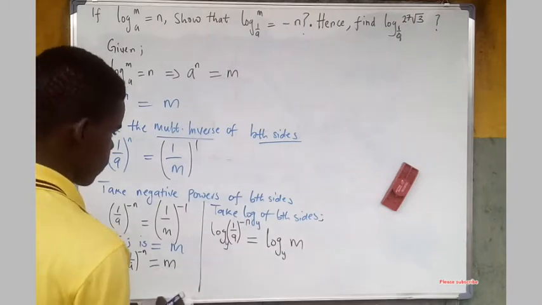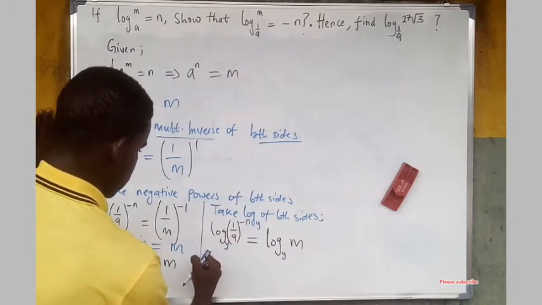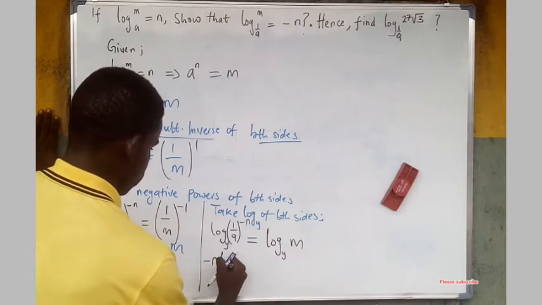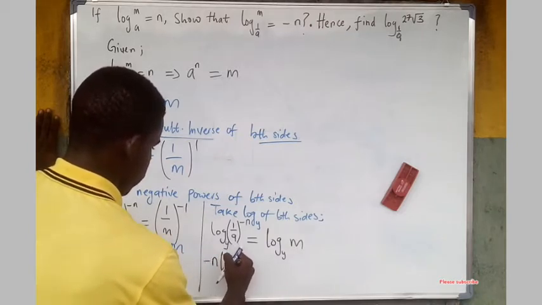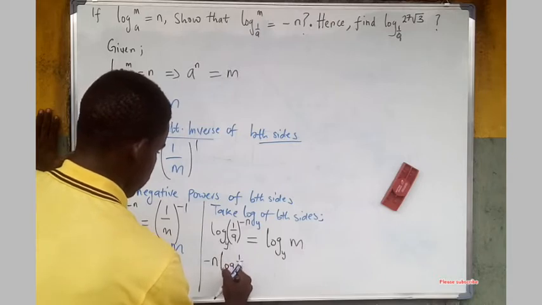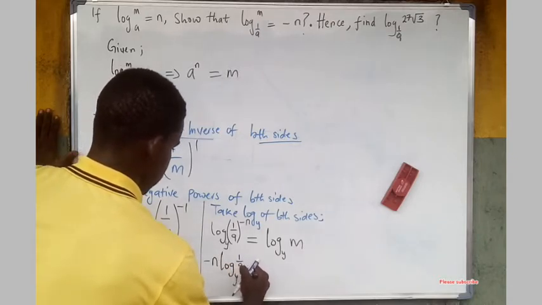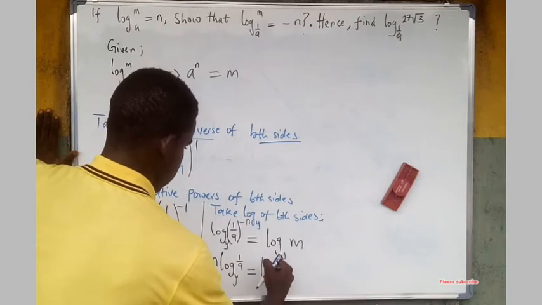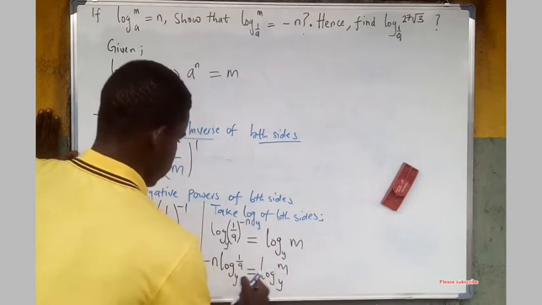This means negative n times log of 1 over a to base y is equivalent to log of m to base y.